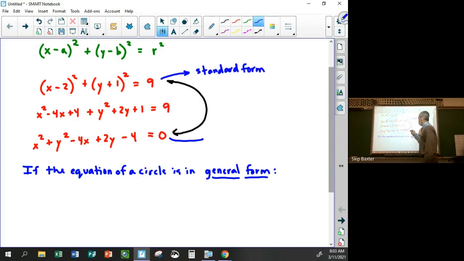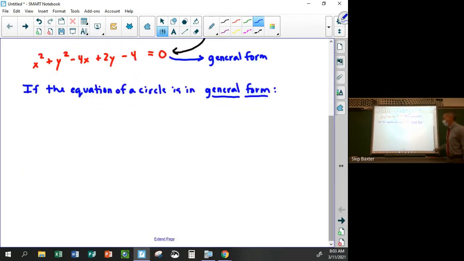This bottom one is called general form. They're equivalent to each other, but you got to be able to get from one to the other. It's easy going from standard to general, you just FOIL, but it's a little more challenging going from general to standard.